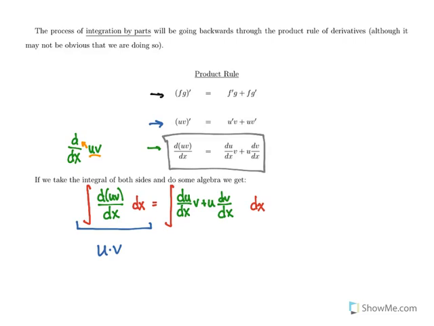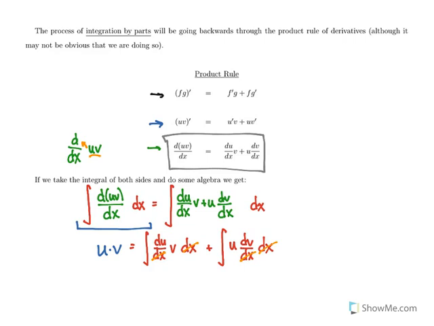On the right-hand side, we are going to first rewrite this as the integral of (du/dx) v times dx plus the integral of u (dv/dx) times dx. We're just going to break that integral up by addition. And when we do that, we can do some algebra here and cancel out these dx's on the top and the bottom.